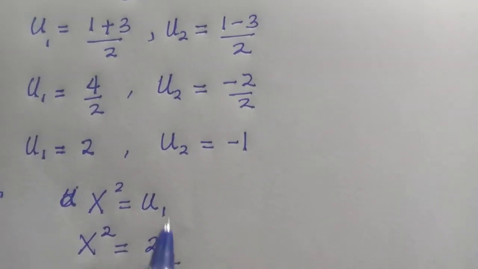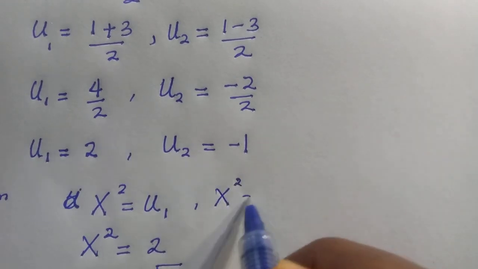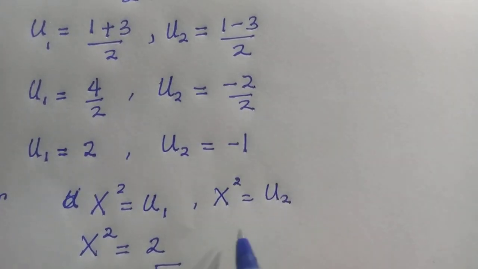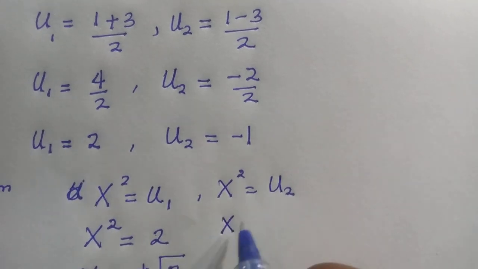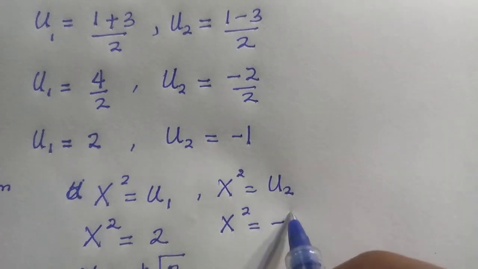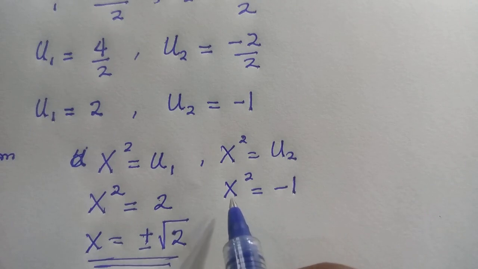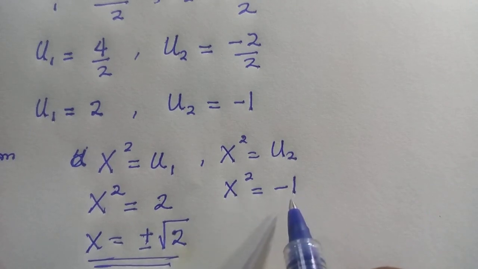And again, when we consider u2, we have x squared equals u2, which is minus 1. By considering this, we know that any real value of x we plug in here will not give us 1.